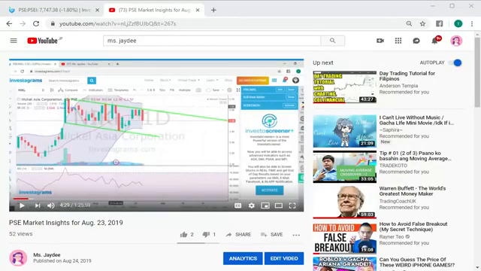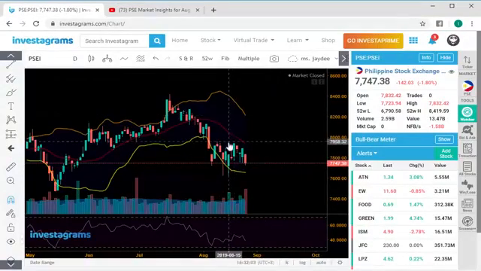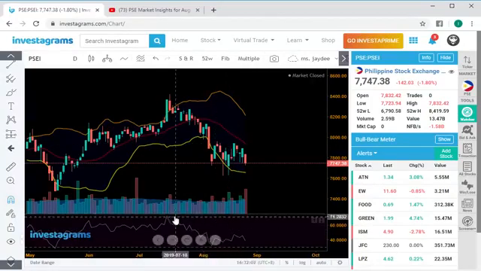Redmar is asking, why do I always use Bollinger Band and RSI? Redmar, there are a lot of indicators available, and we all have the option to choose what we are more comfortable in using. But so far, I find the Bollinger Band really easy, and at the same time RSI.